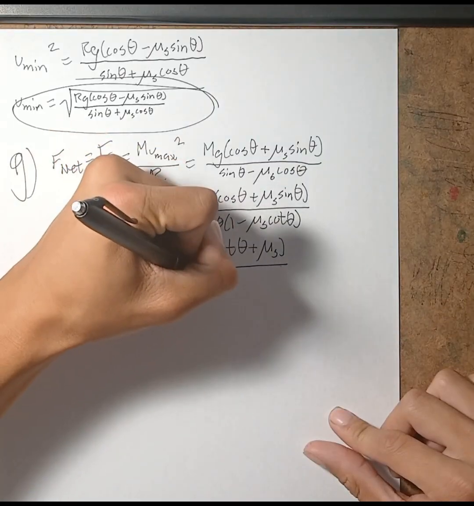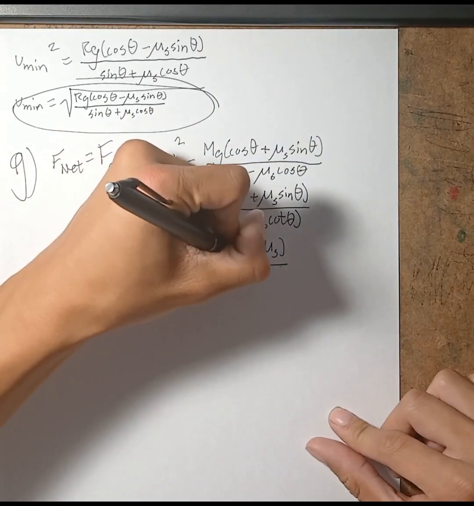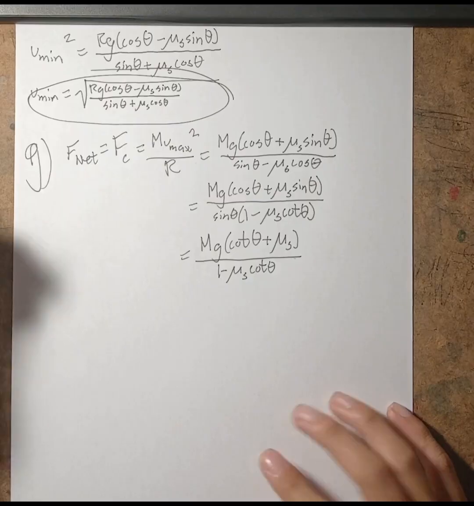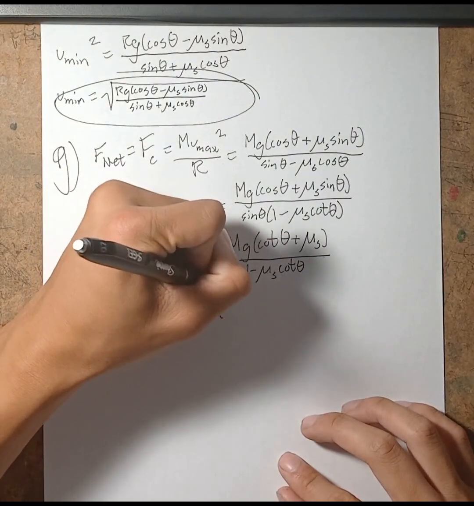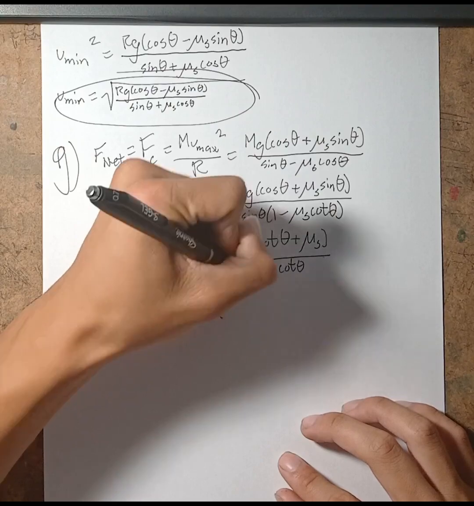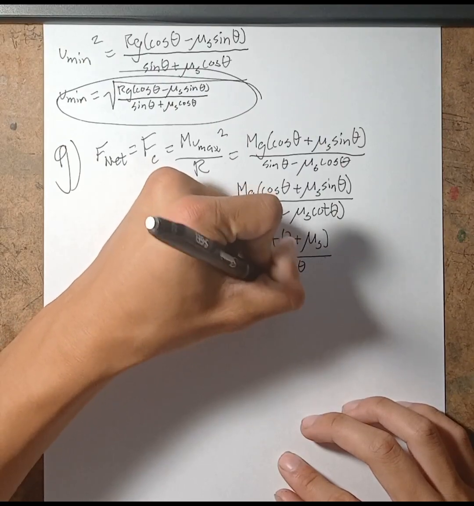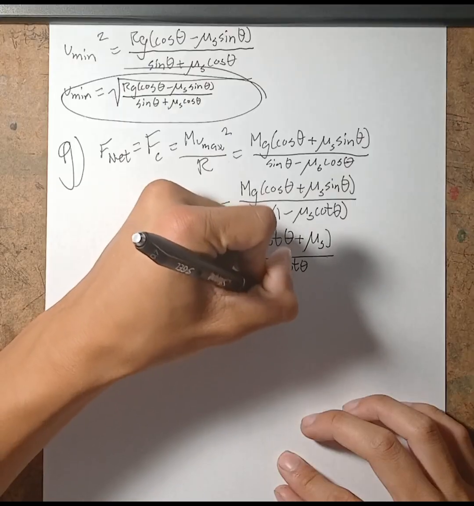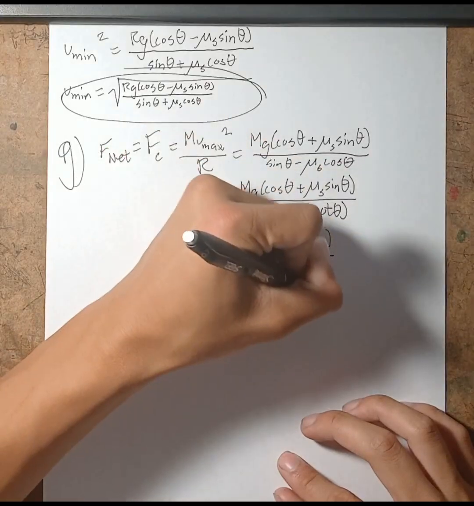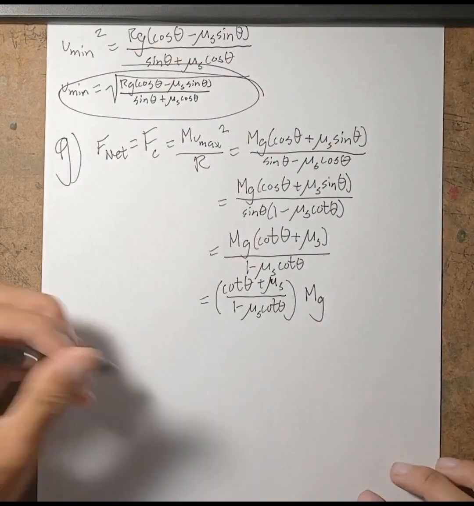And then we get 1 minus mu s cotangent theta. And then if you want the exact form, then you'll put all of that in parentheses. 1 minus mu s cotangent theta. And then just take the mg out like that.